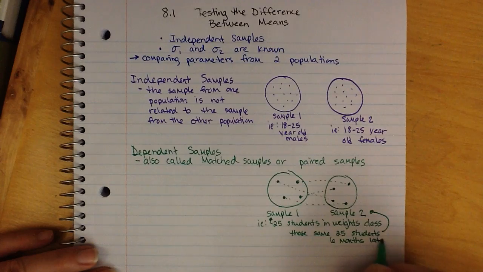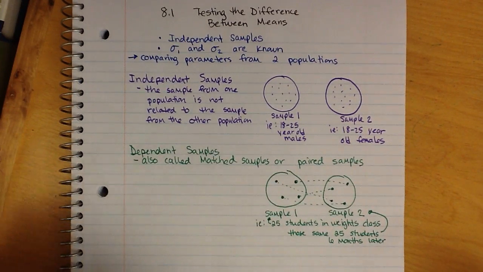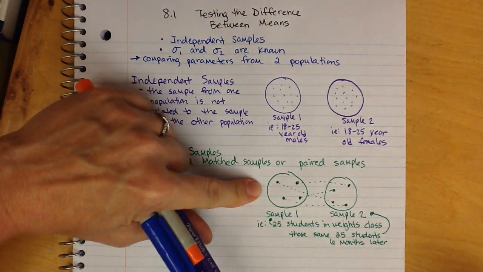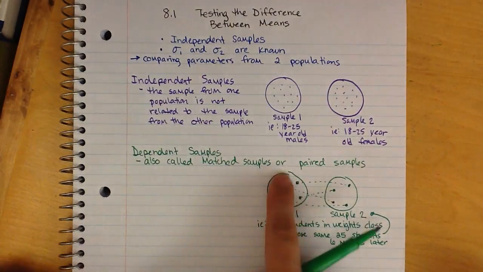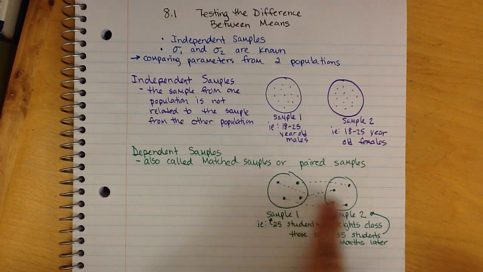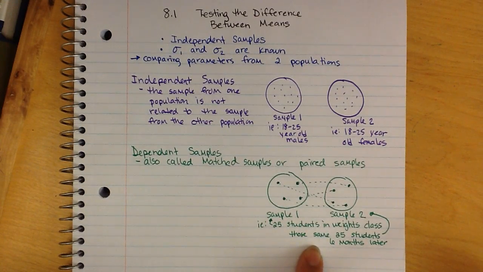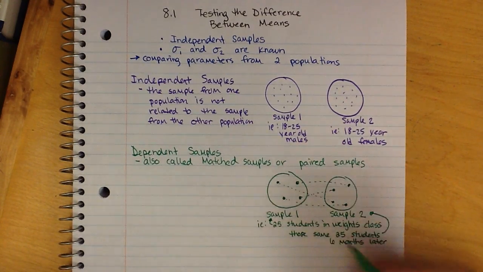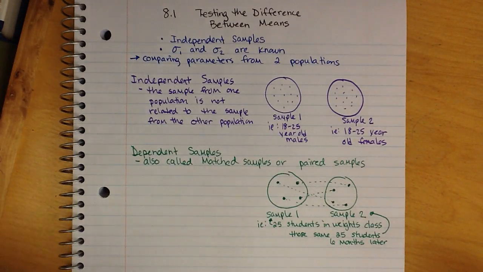So what we could be comparing between our two samples is the average bench press in this sample of 25 students, and then we match up each data value with the same student 6 months later, and we want to see, are those averages the same or are they different?